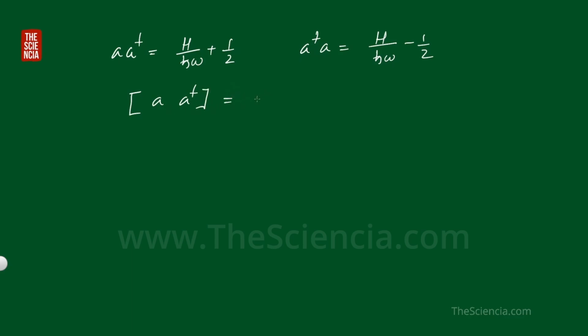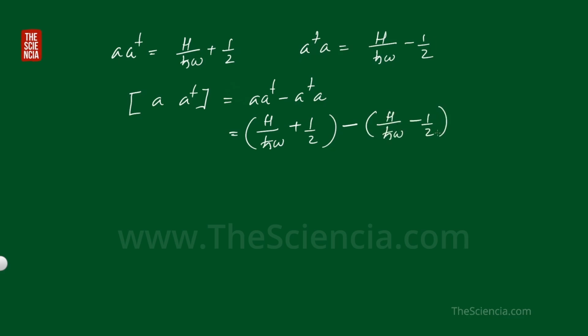We can expand this commutator, that is A A dagger minus A dagger A. A A dagger is h by h cross omega plus 1 by 2 minus A dagger A, which is h by h cross omega minus 1 by 2. So what do we get? This term cancels and we get 1 by 2 plus 1 by 2, that is commutator A comma A dagger is equal to 1.